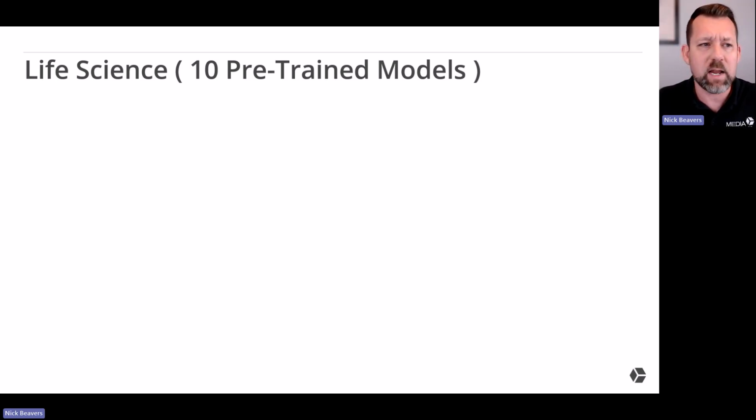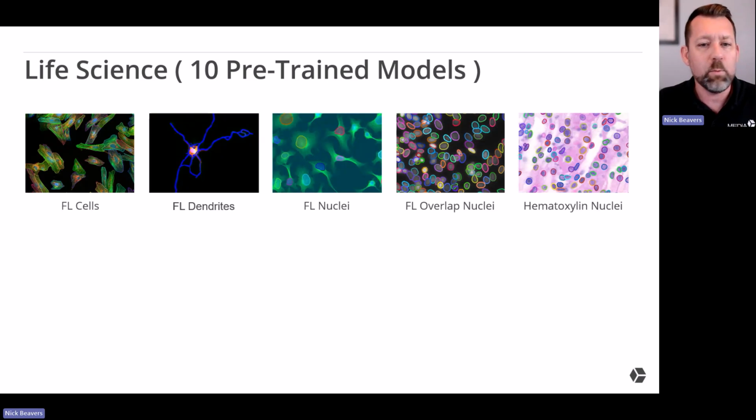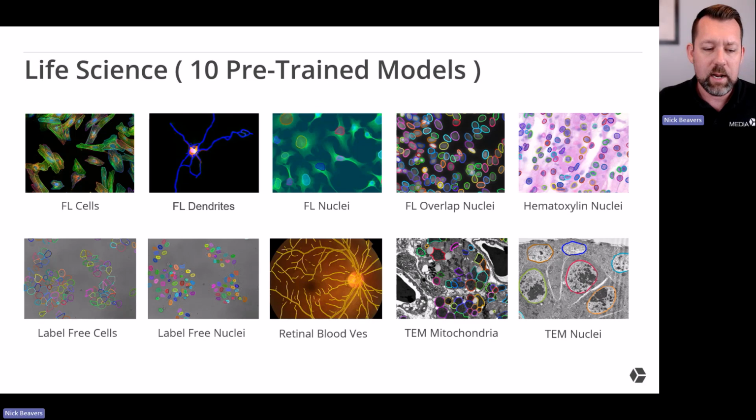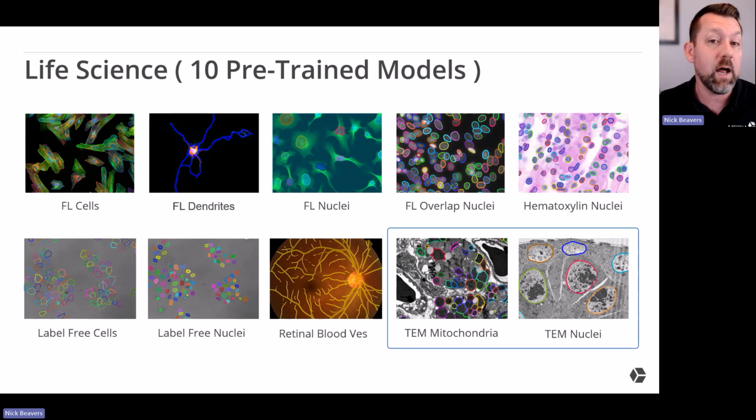But from the life sciences side, again, if you're working with these, great, and if not, just hang in a second. We've supported a number of different types of images and the material in the image. So pre-trained models for fluorescent cells and dendrites, nuclei, stained tissue nuclei, label-free cell and nuclei, blood vessels, and of course in electron microscopy, working with a lot of very complex life science images, trying to find things such as mitochondria and nuclei.